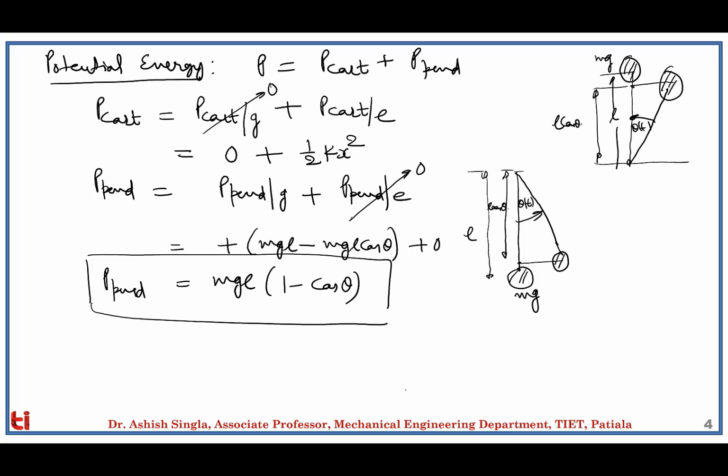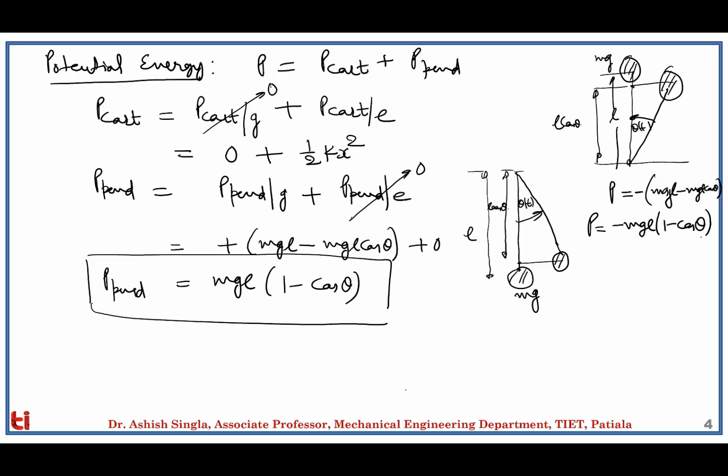As the pendulum has fallen down, the change in potential energy in this case is negative because of the fall of the pendulum. So the potential energy P is equal to the initial position, mgl, minus mgl cos theta, and because of the fall of the pendulum, we have the minus sign over here. So the net potential energy in this case is minus mgl into 1 minus cos theta. That's the difference between when the pendulum rises and when the pendulum falls.